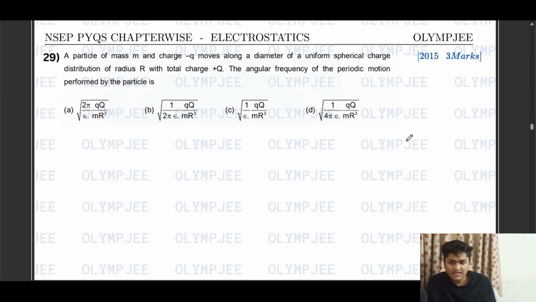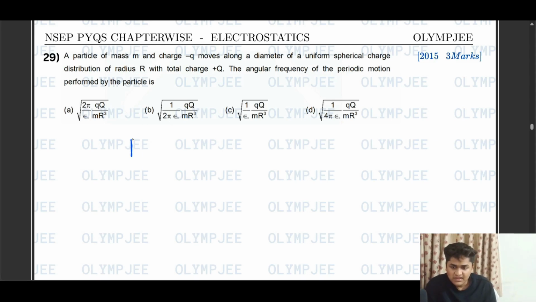A particle of mass m and charge minus q moves along a diameter of uniform spherical charge distribution of radius r with total charge q. The angular frequency of the periodic motion of the particle is.